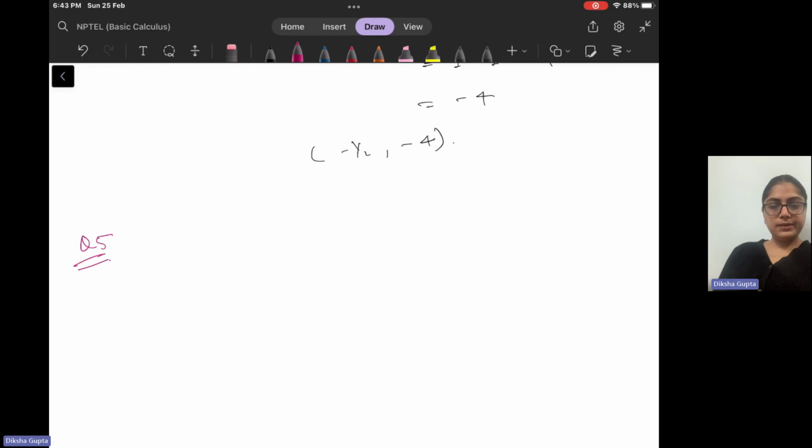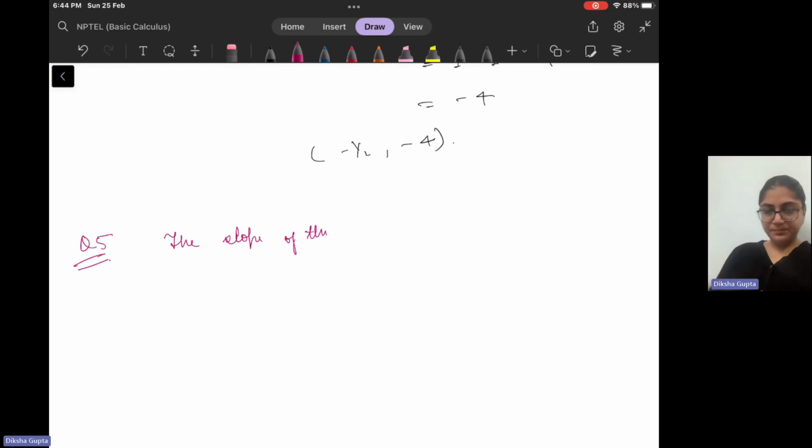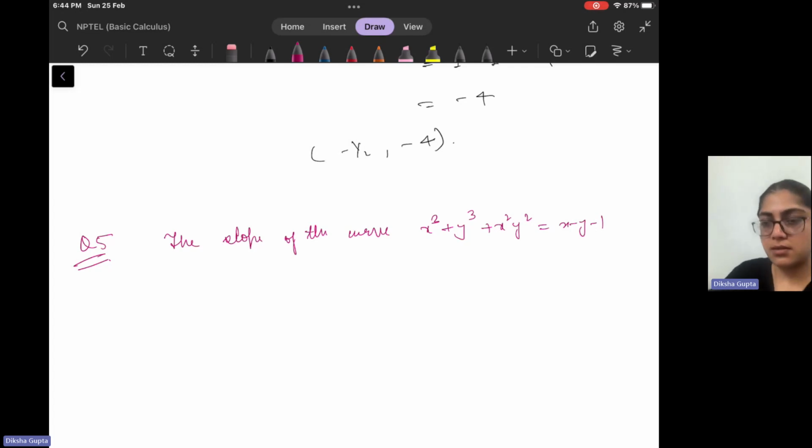Question number 5. Now again a question on slope. The slope of the curve x cube plus y cube plus x square y square equals x minus y minus 1. Here you see there are no explicit expressions of y in terms of x or x in terms of y. These are all implicit equations, right?